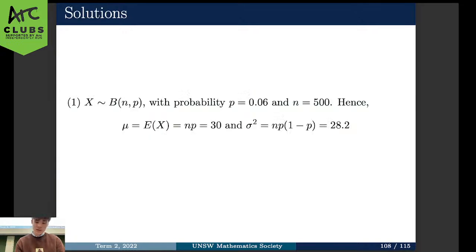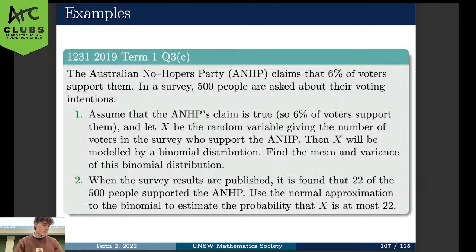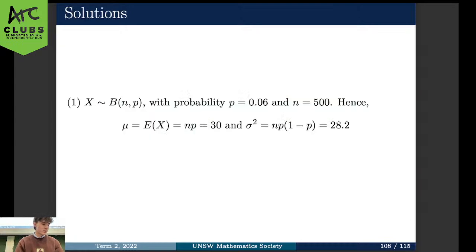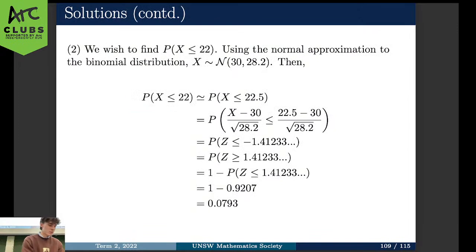So in other words, we want to find the probability of X being less than or equal to 22. So using the normal approximation to the binomial distribution, X is approximately normally distributed with a mean of 30 and a variance of 28.2, right? So then to find the probability that X is less than or equal to 22, the first step we do is first apply the continuity correction.